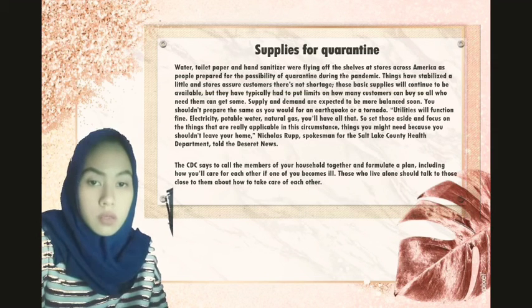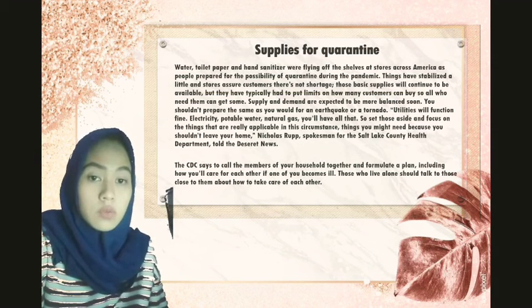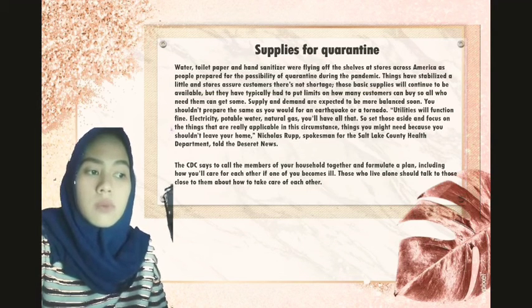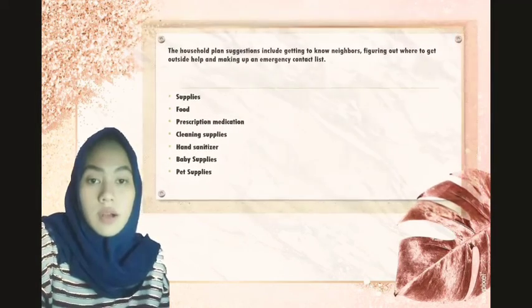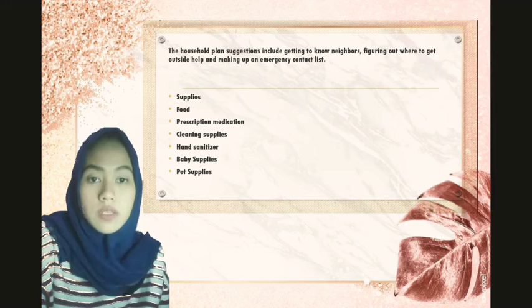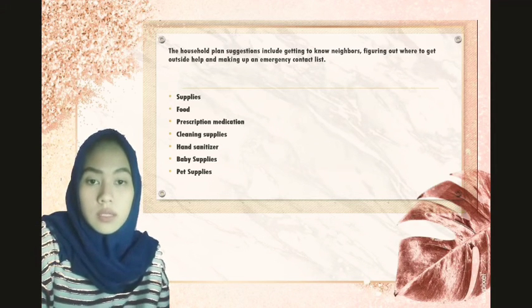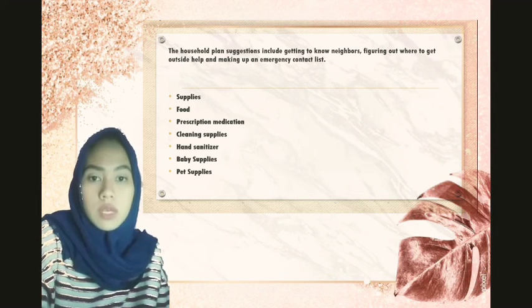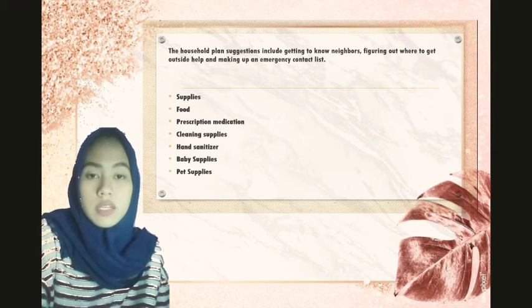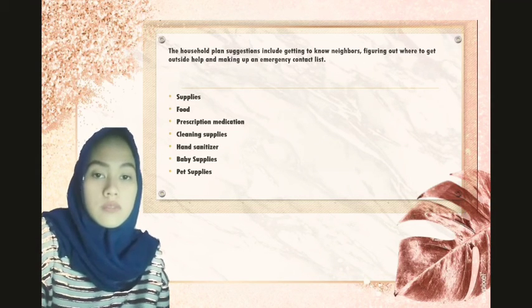Those who live alone should talk to those close to them about how to take care of each other. The household plan suggestions include getting to know neighbors, figuring out where to get outside help, and making up an emergency contact list.